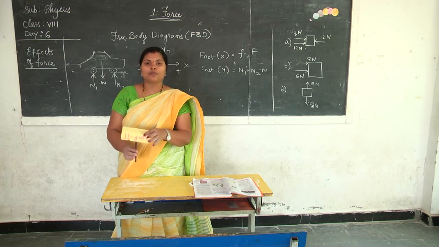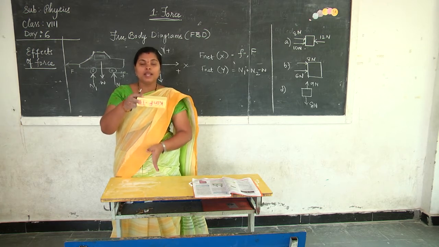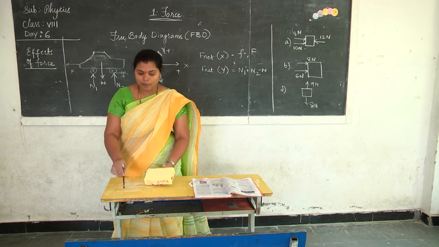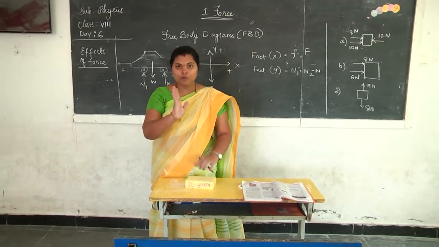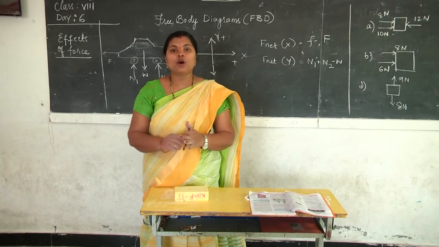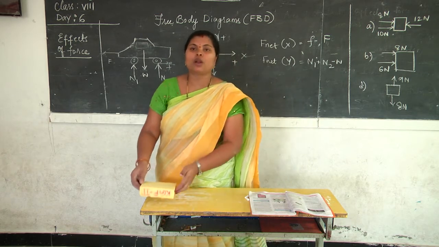What does it mean? Though its weight is acting downwards, it is being supported by the normal force which is exerted by your table. That means your table will be exerting an upward force balancing the weight. So because of the normal force acting in upward direction, your duster will not fall down.